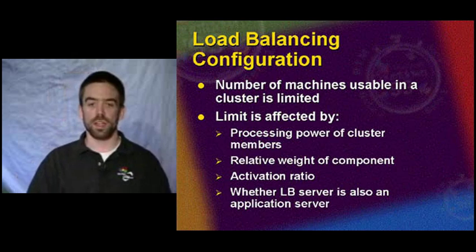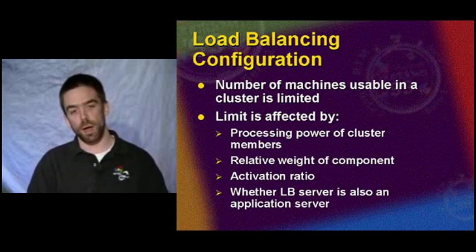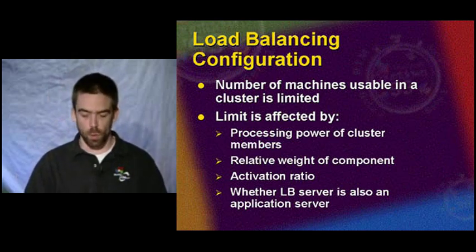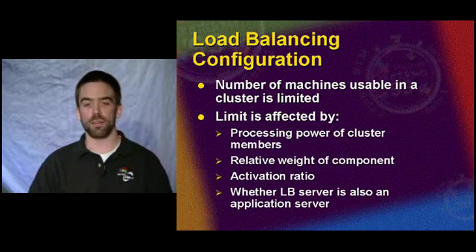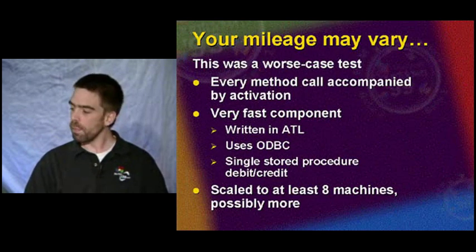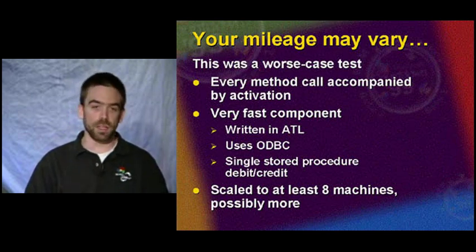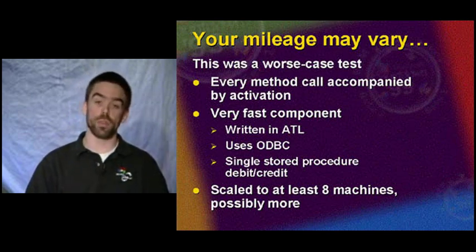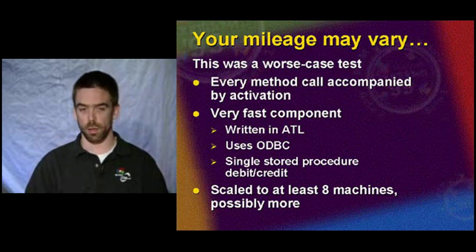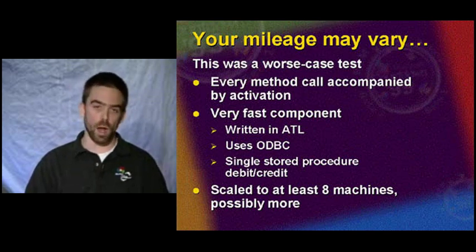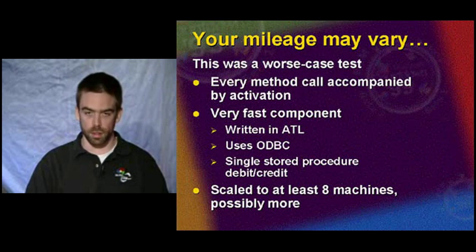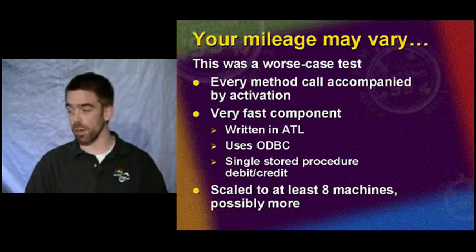For a component that takes a lot of processing power to do its work, the load balancing server will have to route fewer requests per second in order to saturate a single machine, which means that you'll scale better with the component that takes a lot of work, which is again why I used a very fast component to demonstrate the worst case scenario.